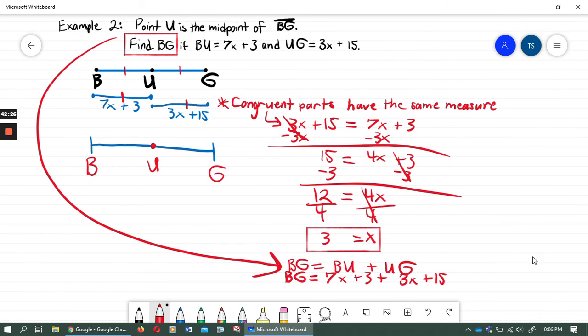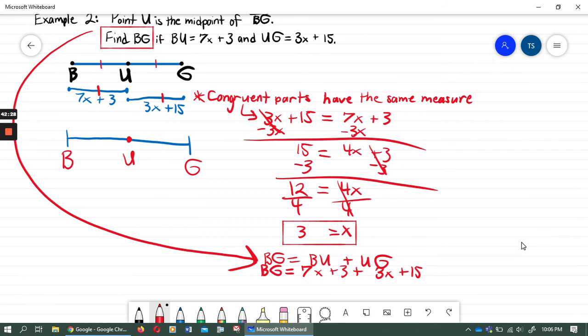If we're going to find that length, we've got to plug in the value of x in this equation. So that's 7 times 3 plus 3, plus 3 times 3 plus 15, replacing x with 3. Let's go ahead and work that out.